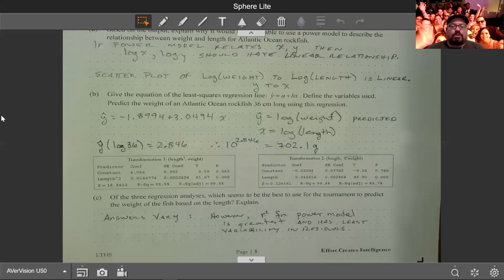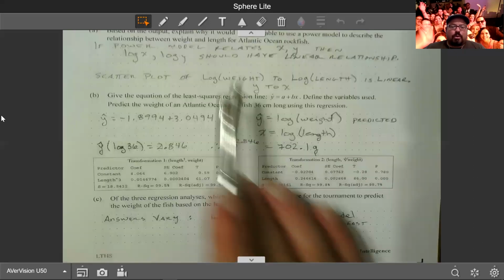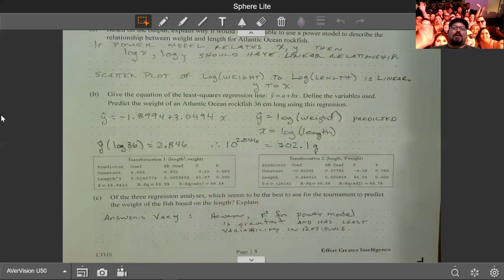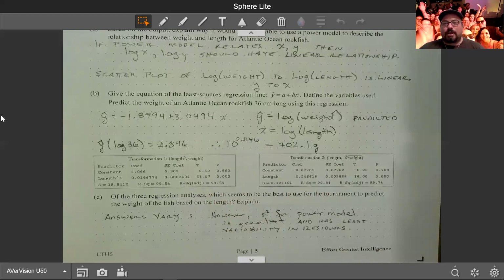So we would say that this power model, the one that gave us 702.1, is going to be the best. Additionally, notice that for these bigger fish, it's given us a bigger weight. You want to have good reports on fishing, make sure that you have higher weights. So different reasons, but really R square should be your preferred piece.